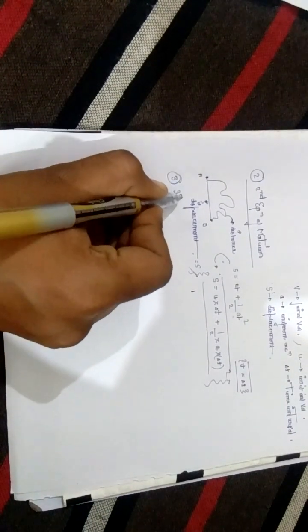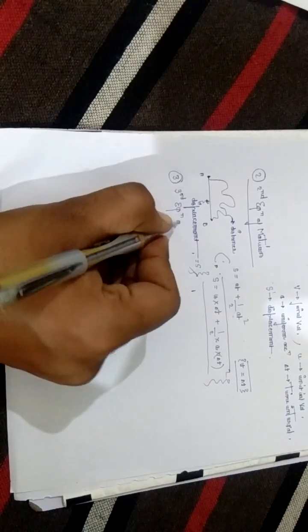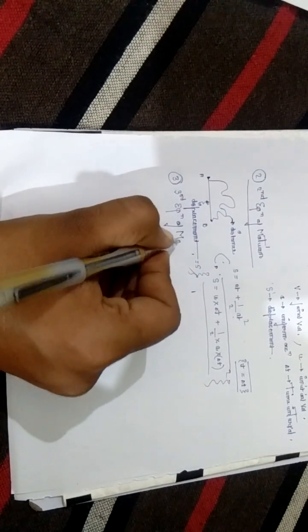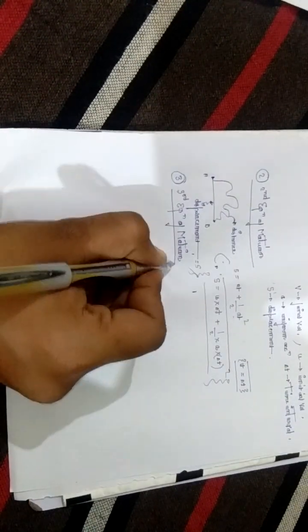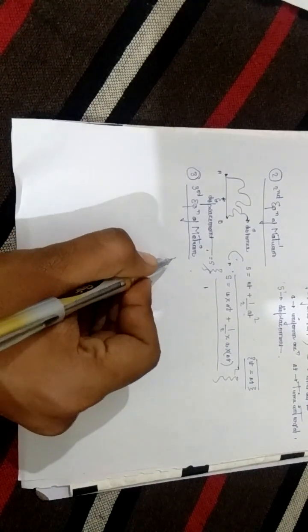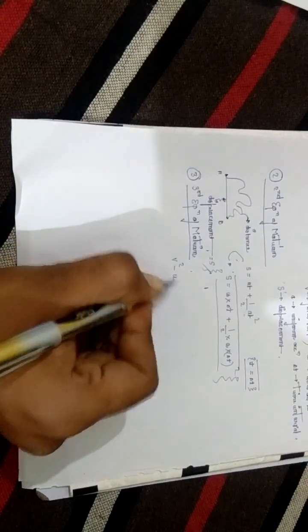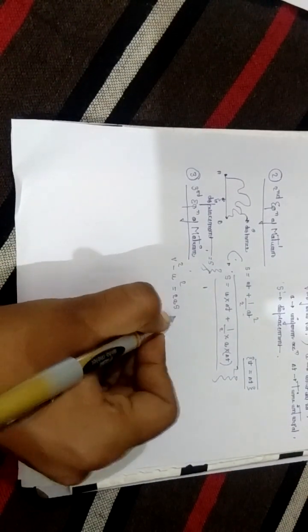The third equation of motion says that v square minus u square is equal to 2as.